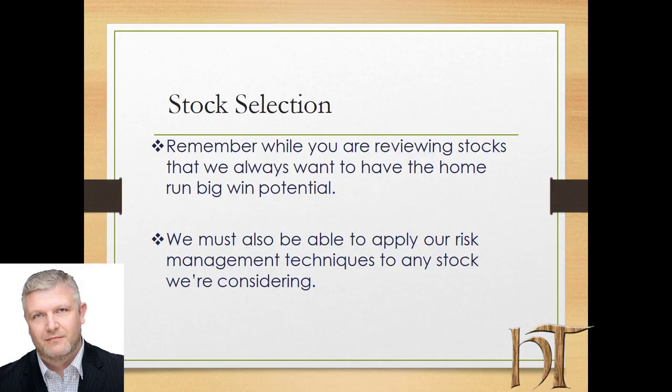So we're looking at risk management techniques for any stock that we're considering trading. There are a few stocks in the, say, $250 price range that, when they have a big day, can move $50 or $60, but they're extremely hard to trade because they have $1.50 or $2 spreads.